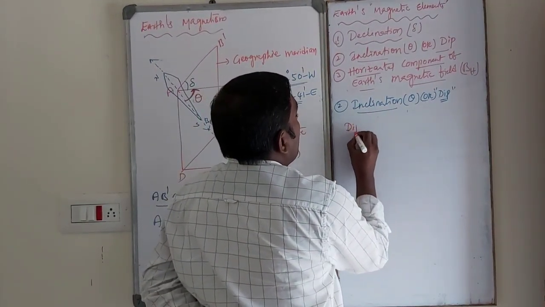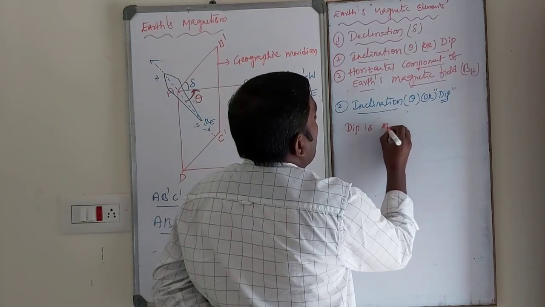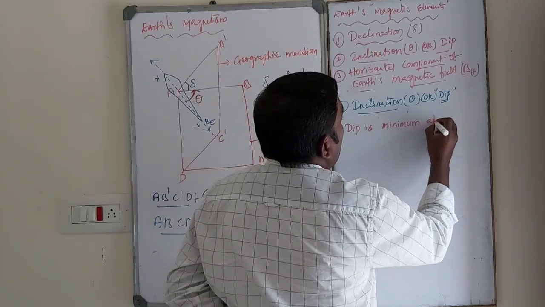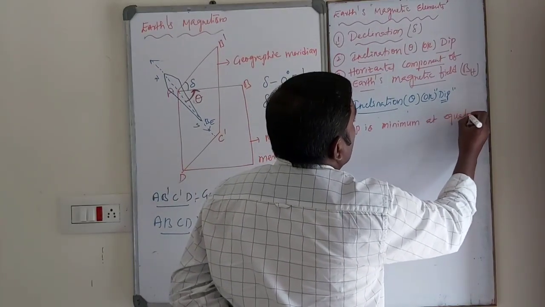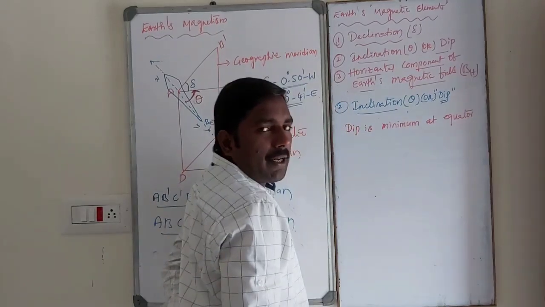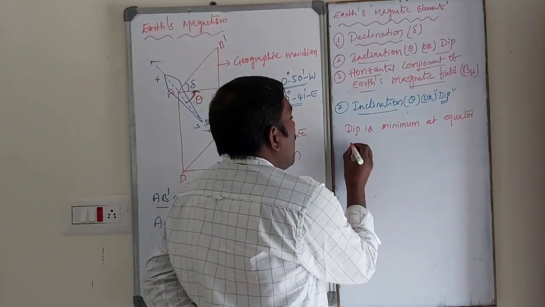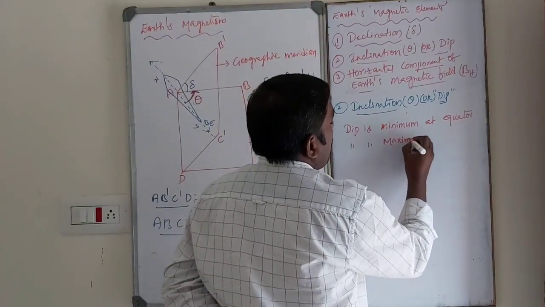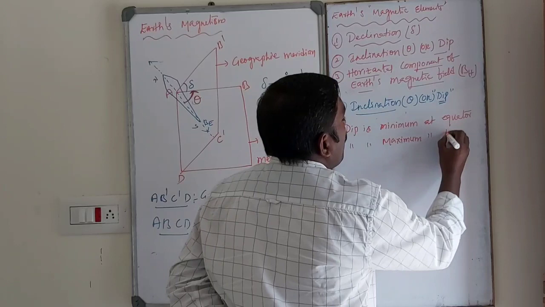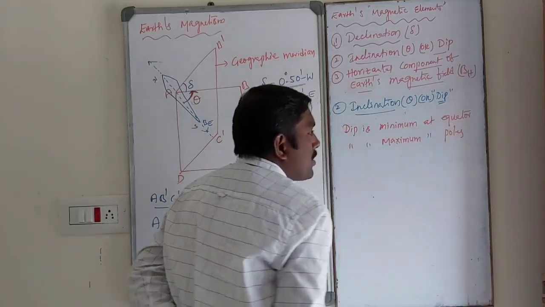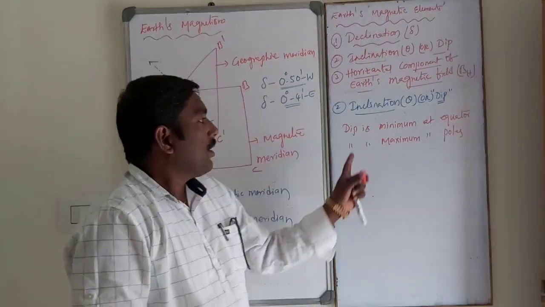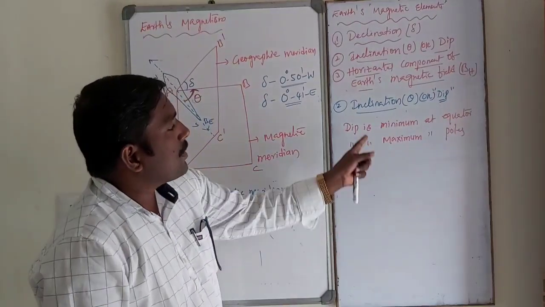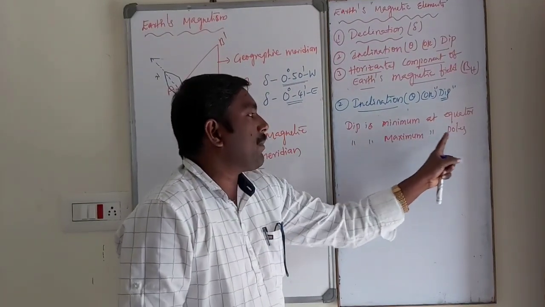Dip is minimum at equator, important. Maximum, dip is maximum at poles. Poles దగ్గర maximum ఉంటుంది dip angle, equator దగ్గర minimum ఉంటుంది. These are very most important. Dip is minimum at equator, maximum at poles.